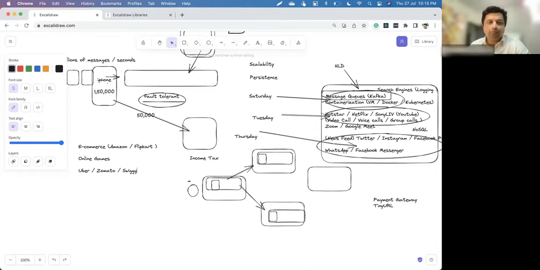The only thing is Uber is more complicated. Zomato and Swiggy are less complicated because one destination is constant. You have to match the service providers and the customers. But in Uber, it is more complicated because the destination is moving. In Zomato and Swiggy, the hotel is the same. The hotel is not moving. That's the only difference.